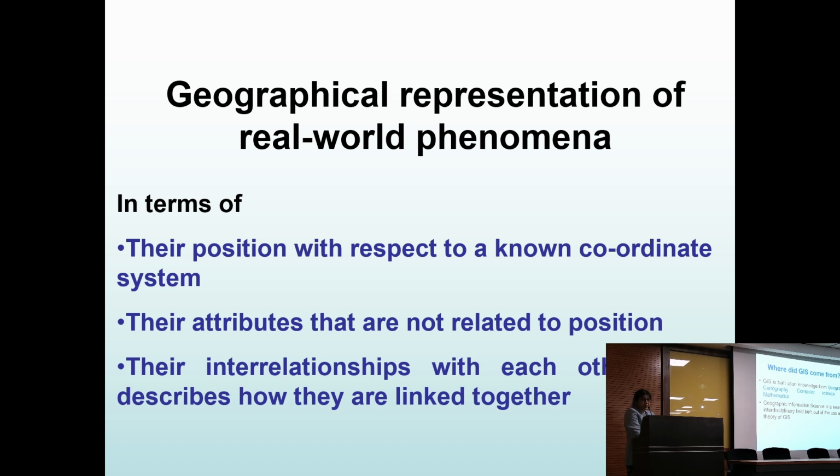Geographically referenced means, see, all of you have seen an analog map, a Survey of India topographic sheet. Some of you have seen SOI maps. Their latitude, longitude information is given. Paper form is always analog form.